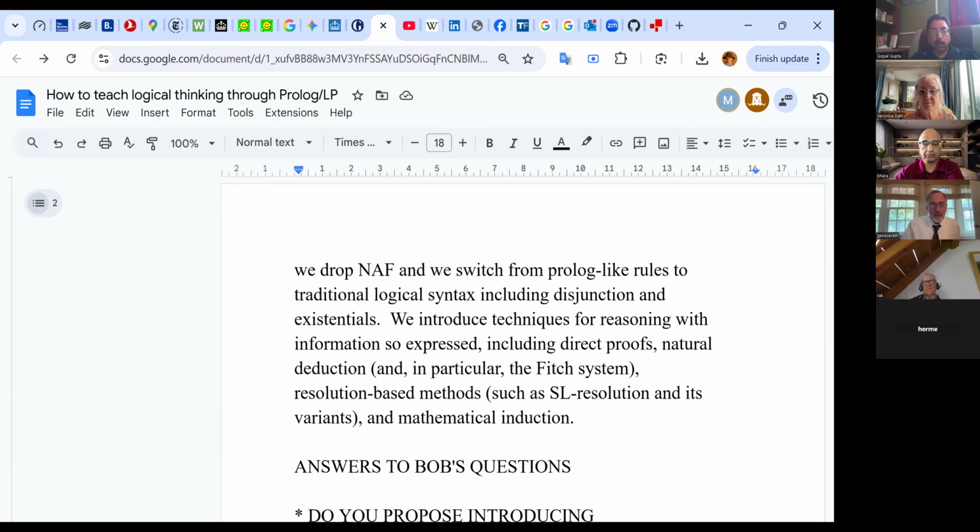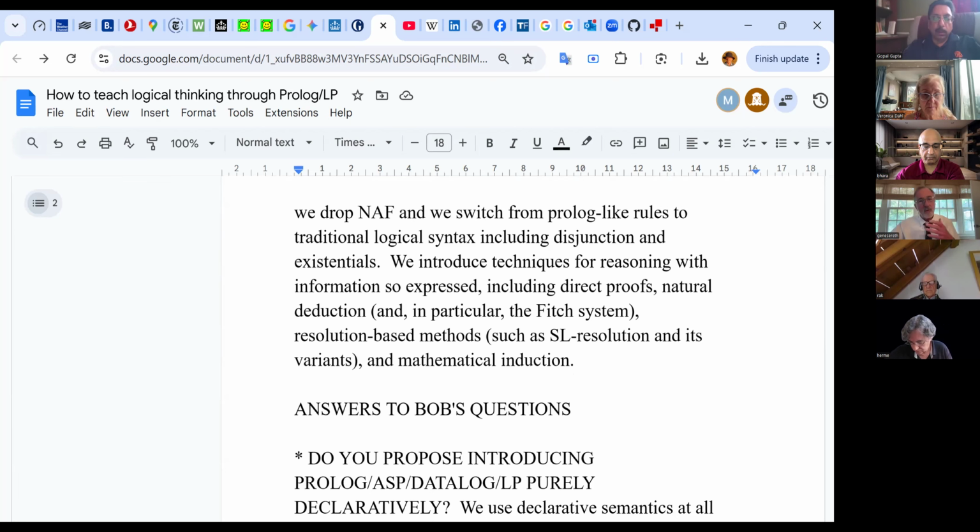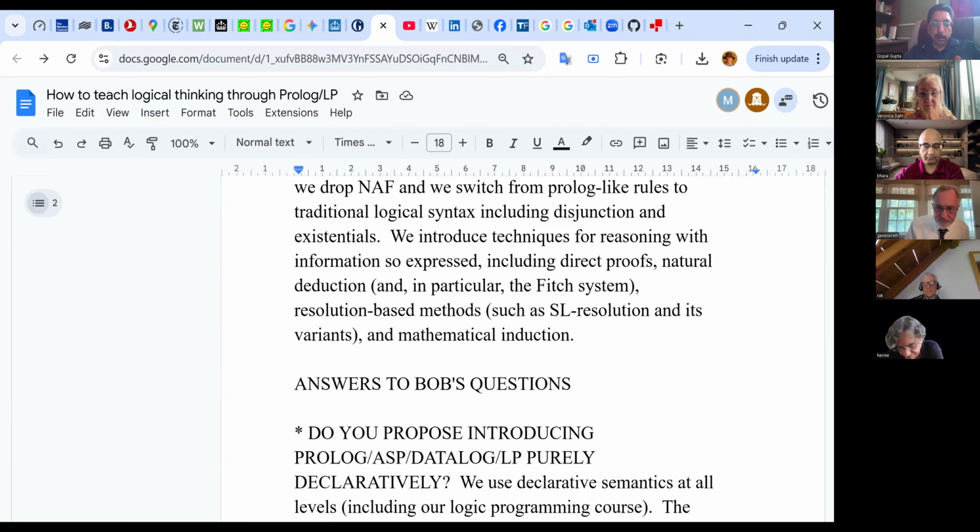So direct proofs, natural deduction proofs, the Fitch system plays a key role in education and in theorem proving at this level. This is manual theorem proving, notice. And yes, we do teach some resolution as well, but that is not the primary method. Fitch is the method. And here's where the comment I made earlier comes in: the techniques that are used for doing this are both bottom-up and top-down, exploratory as well as goal-directed.